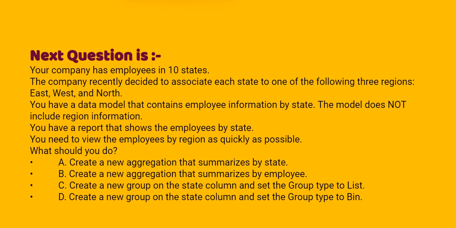What should you do? Option A, create a new aggregation that summarizes by state. Option B, create a new aggregation that summarizes by employee. Option C, create a new group on the state column that's set to group type list.